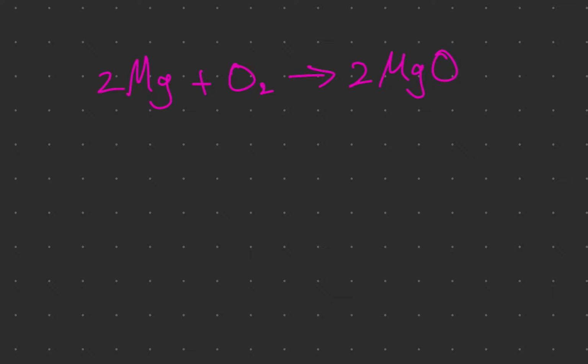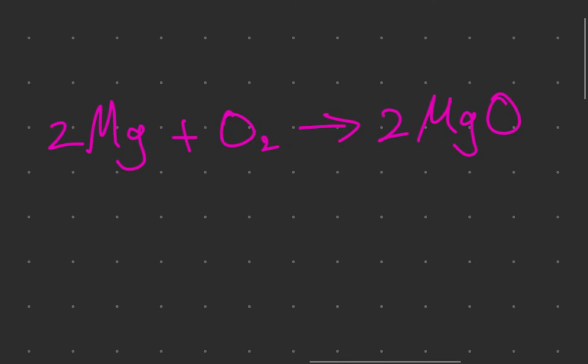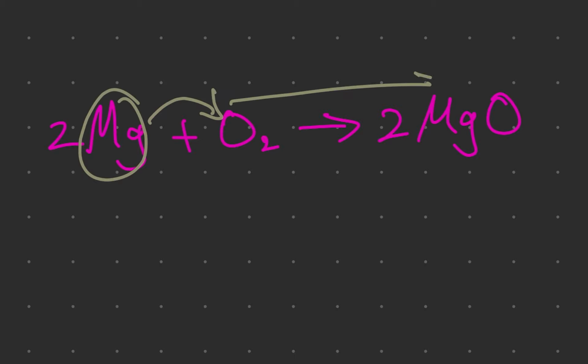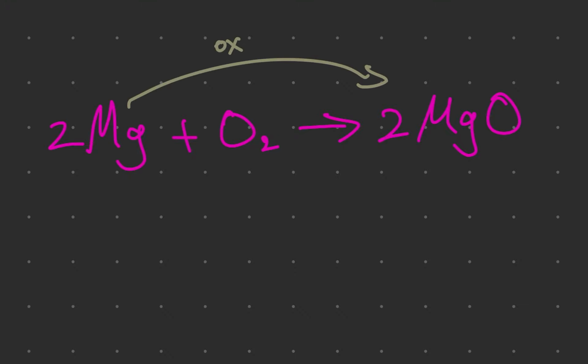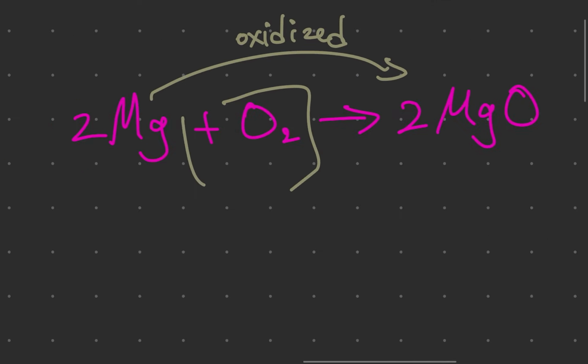So we do know from this reaction that magnesium gains oxygen to form magnesium oxide. Since magnesium gains oxygen, we can say that magnesium has been oxidized, and oxidation has taken place. But why does a gain of oxygen result in oxidation?